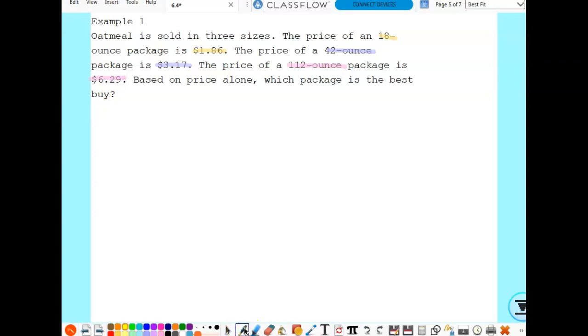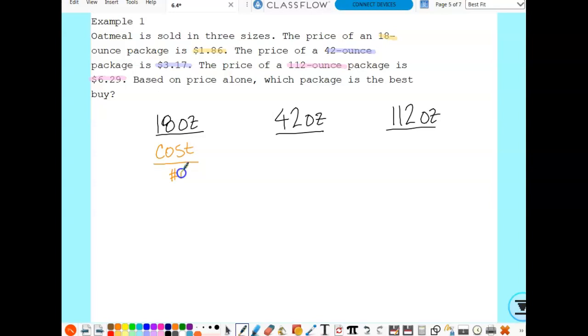So we're going to calculate the unit cost for each one: the 18-ounce, the 42-ounce, and the 112-ounce. Remember, it's always cost divided by number of units, and these are all measured in ounces.